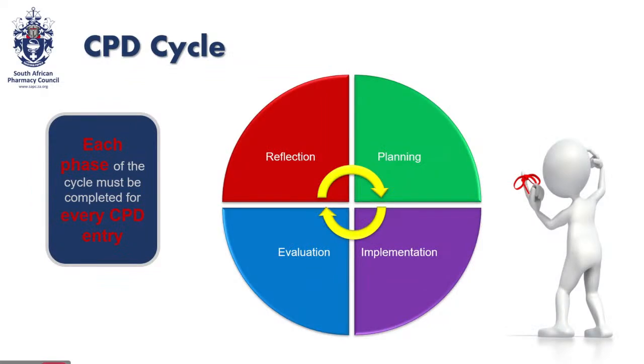And there you can see each phase of the cycle must be completed for every CPD that you do. So you have to do these 4 steps for all 6 of the CPDs that you are going to submit. Remember, 1 in each domain and 1 competency standard from each domain. And you have to do all these steps for every one of them.